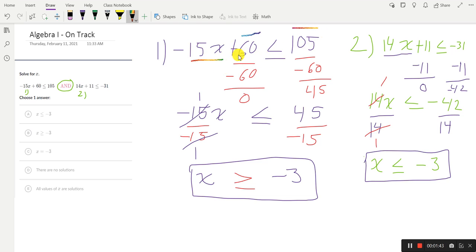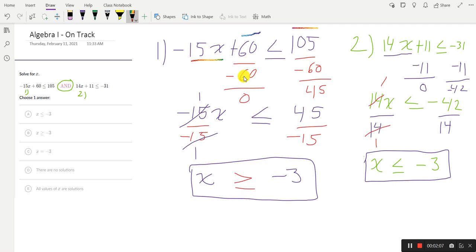Okay, so first step, you see a positive 60 here. Subtract 60 from both sides of the equation to eliminate that. The goal is to eliminate the numbers on the left side of the equation. So you're subtracting them because this is a positive number. So negative 60 on both sides. This will give you 0. This is always the idea, to eliminate that number.